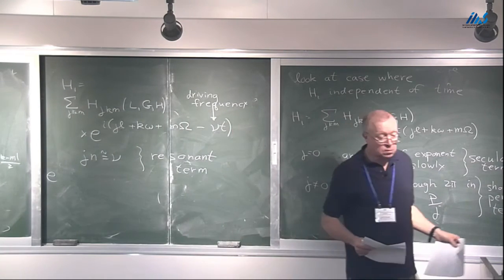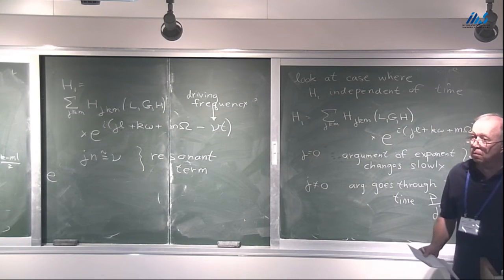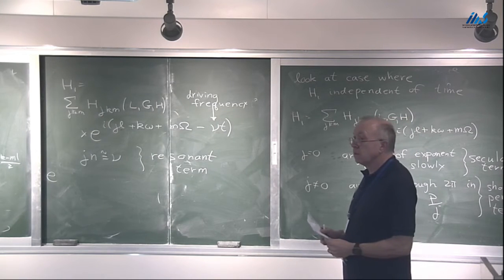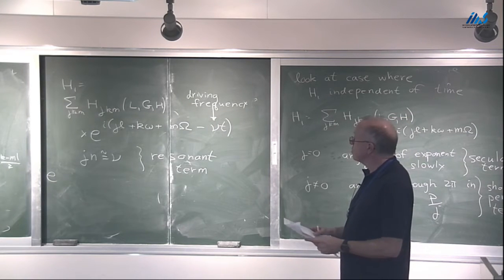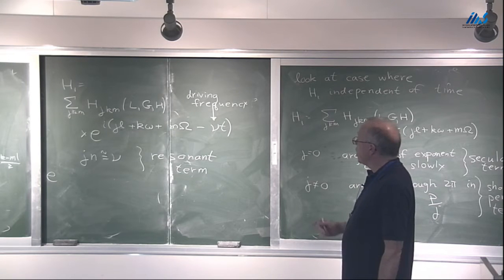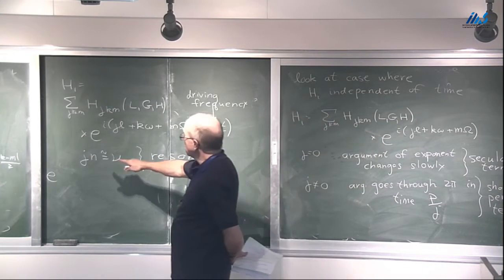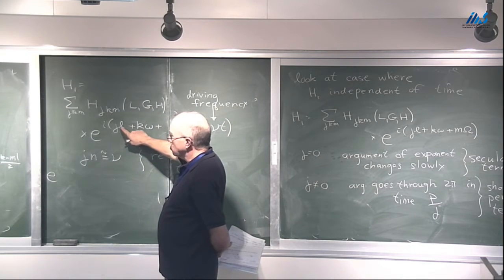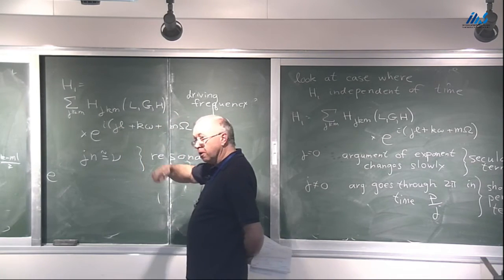Yes? Can you allow Jn to include some integer number times the frequency? Well, if you allow Jn to equal some integer times the frequency, the argument will still vary.